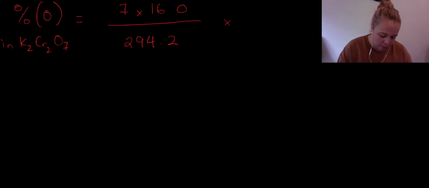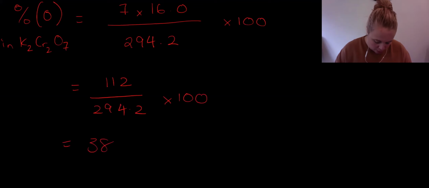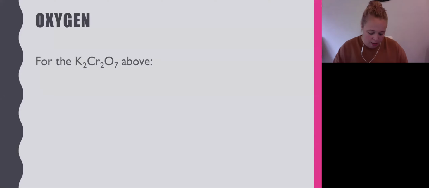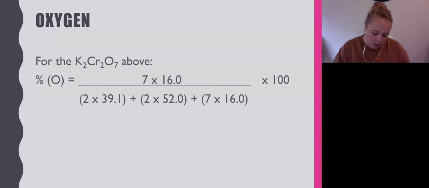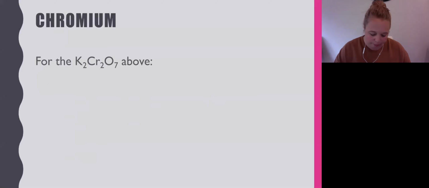We're going to times that by 100. I'm going to expand my top, 294.2 times 100, and then we end up with 38.1% oxygen. Not too bad. Let's just check ourselves. Yeah, this one was rounded down.